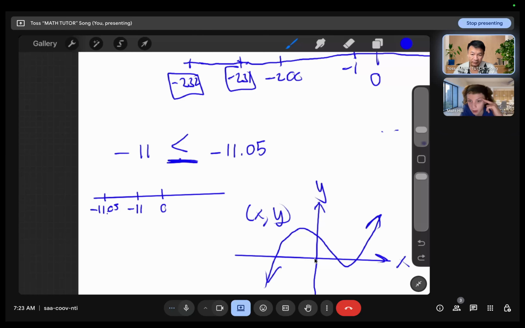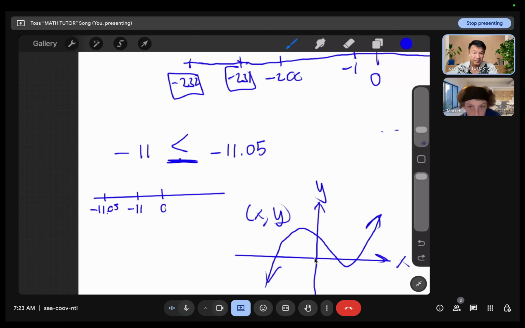Now don't forget, the number that is closest to zero is negative 11. That means negative 11 is what compared to negative 11.05? Less than. Are you sure? It's closer to zero. Oh, it's greater than. Greater than, yes.